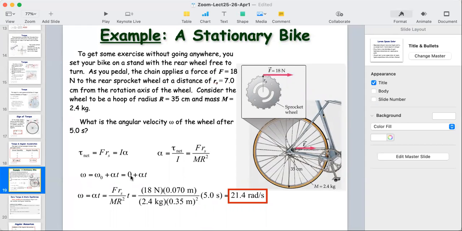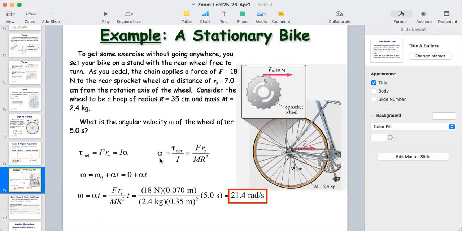Initial velocity is equal to 0. So we multiply alpha by t, which is 5 seconds. Force is 18 Newton. All the dimensions are in centimeters, so I need to bring them to meters.